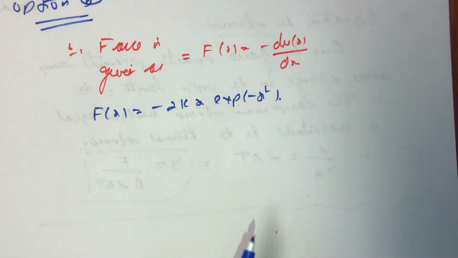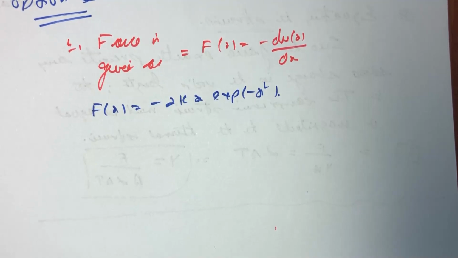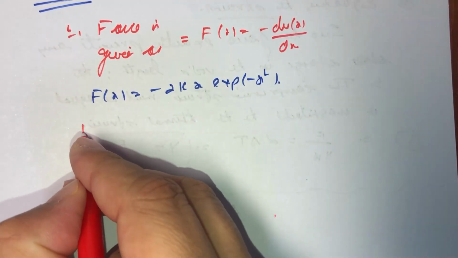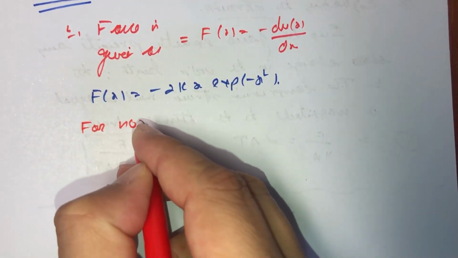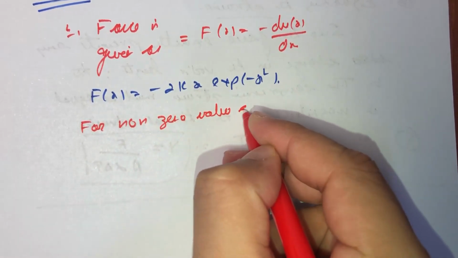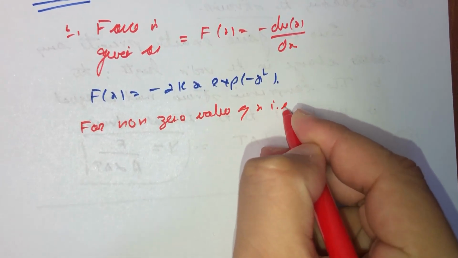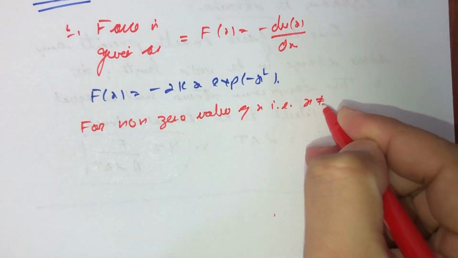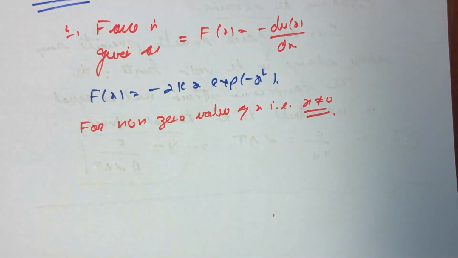In the option it is given for a non-zero value of x, which basically means that x is not equal to 0.